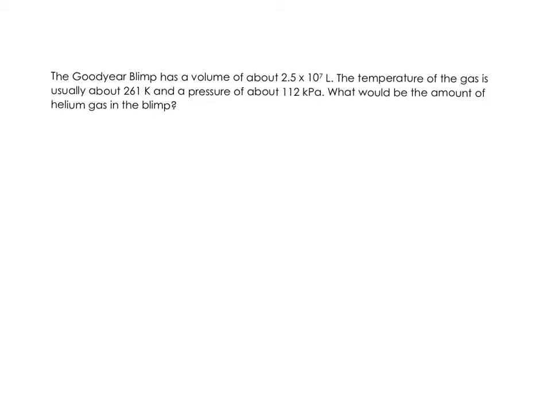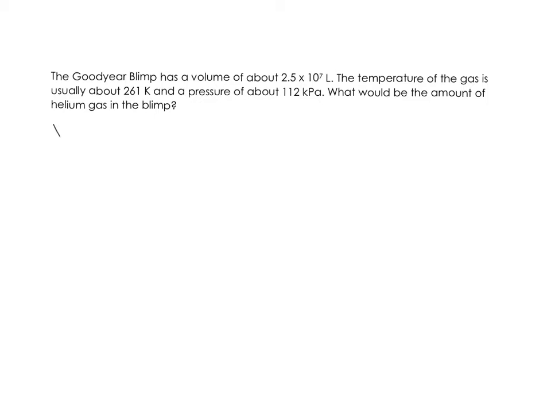So let's do a question. The Goodyear blimp has a volume of about 2.5 times 10 to the 7 liters. The temperature of the gas is usually about 261 kelvins and a pressure of about 112 kilopascals. What would be the amount of helium gas in the blimp?